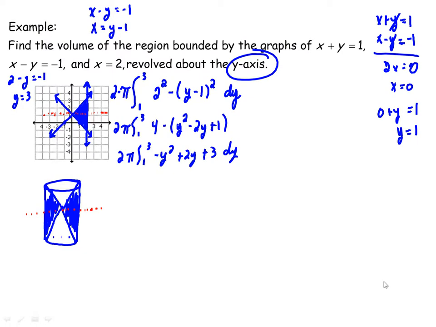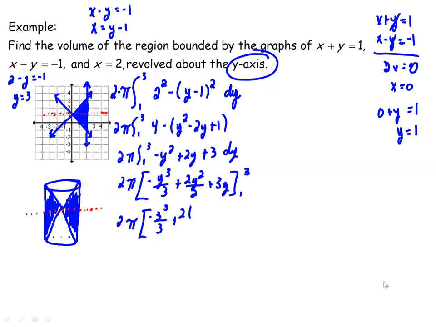Integrate. So we'll have 2 pi times. Now this time we don't have a 0 boundary, so we are going to have to take both of these into consideration. We'll do the top minus the bottom.